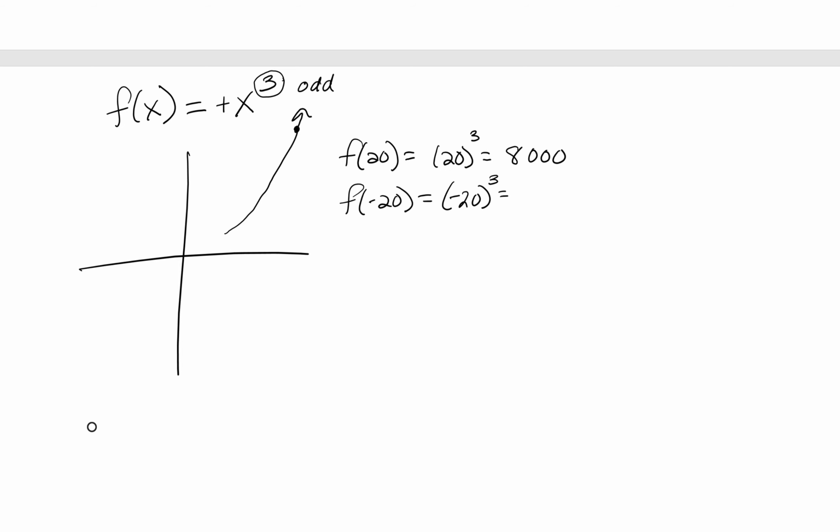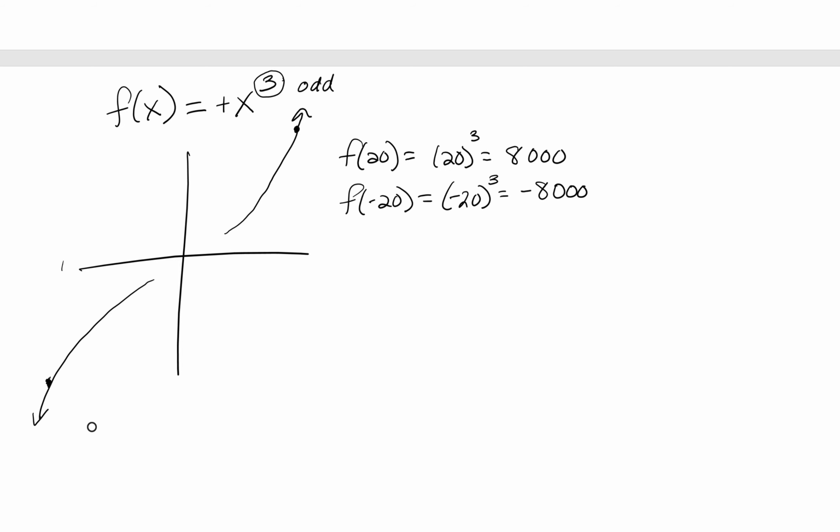So I actually end up getting a negative number as a result, and my function value is negative there. So if I go way out here at negative 20, I'm going way down here, negative 8,000. Okay, so what that is telling me, without having to actually graph that, is that that graph is going down on the left-hand side.